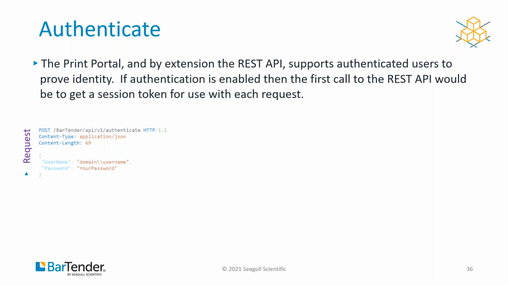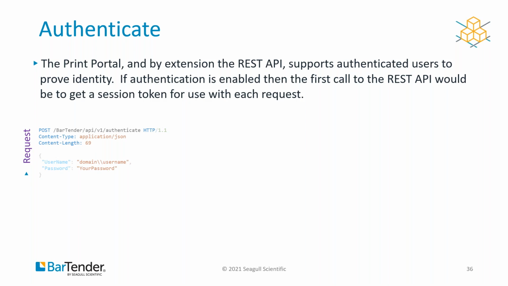Now, of course, with authentication enabled, we can then leverage security on the BarTender side so that, for example, if it's user X, then they only have visibility of documents in a certain folder, and user Y does not have access to those documents. So you can secure different parts, different documents of what's available on that cloud server to different users and groups of users.